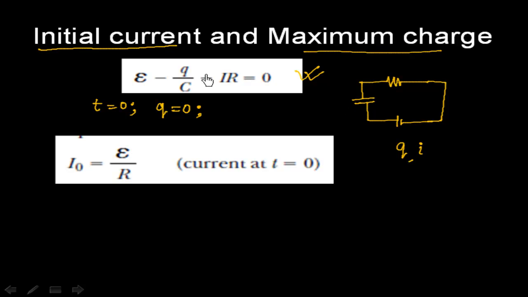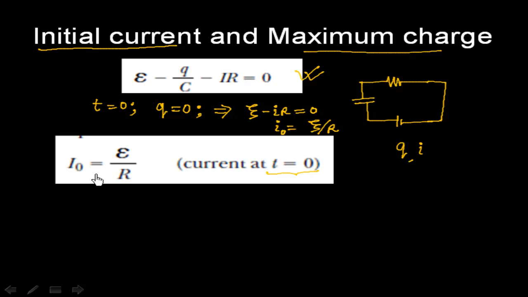So if I put Q equals 0 in this equation, we will have xi minus IR equals 0, so I can solve for I, and I is nothing but xi by R. This is the initial current, that is the current at t equals 0. Let us call this I naught.